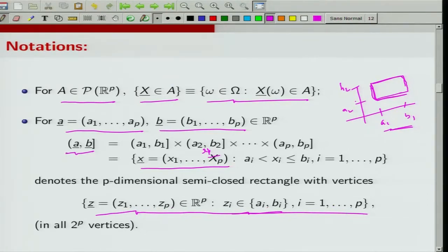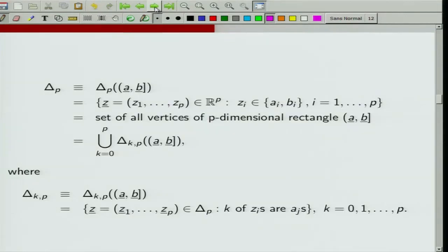So, this (a, b] is a p-dimensional rectangle, whose vertices are (z1, z2, ..., zp), where each zi can be ai or bi. So, in all there will be 2 to the power p vertices. In the case of p equal to 2, there were 4 vertices, and that is what is described over here.